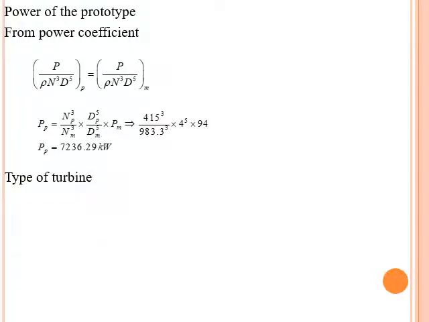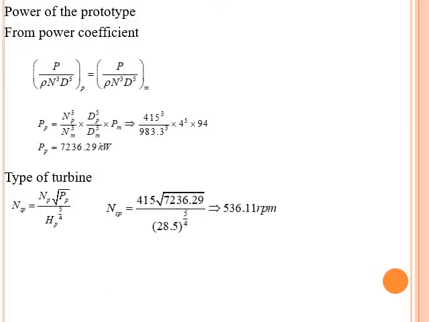Next, suggest which type of the turbine is suitable for this given condition. So actually the turbines are specified according to the specific speed of the turbine. So here the specific speed is given by the formula n into square root of P by H power 5 by 4. So that is the specific speed formula of a turbine. Now find out what is the specific speed of the turbine here. The specific speed of the turbine is 536.11 rpm.